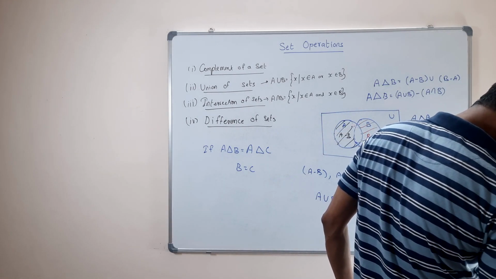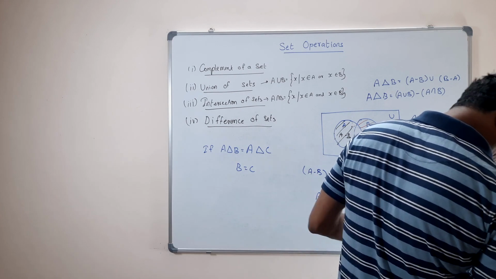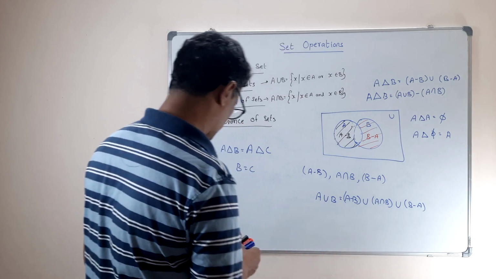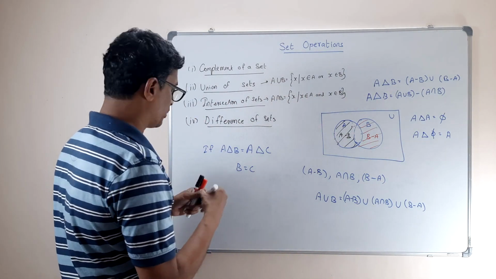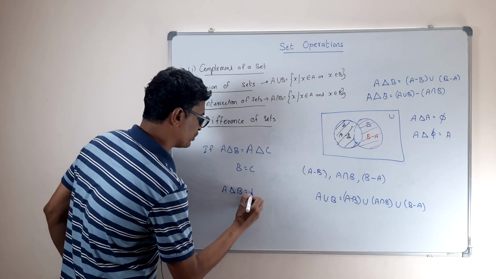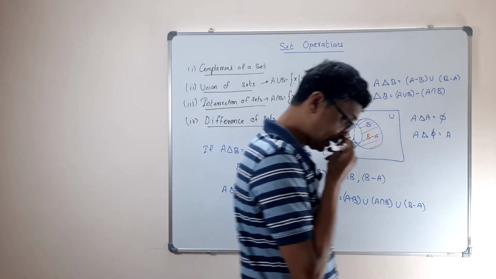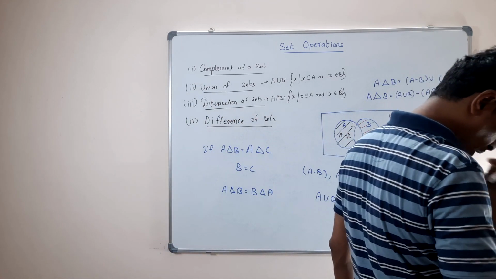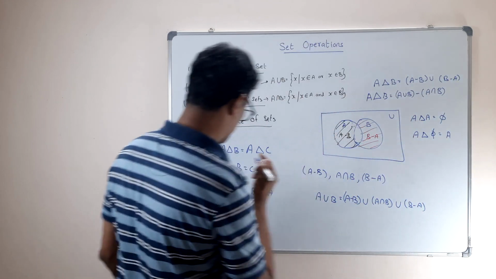They also follow the commutative property. A symmetric difference B will be equal to B symmetric difference A. Correct? And yes, they also follow the associative property.